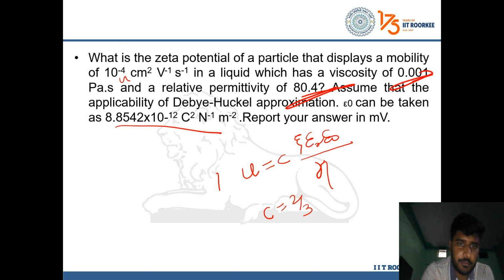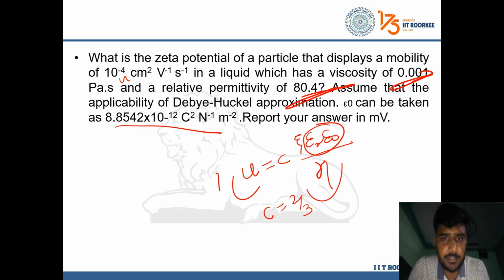This value you already have, and these two values are already given in the question. You can easily calculate the zeta potential value. After that, if you are getting the value in volt, remember to convert into millivolt.